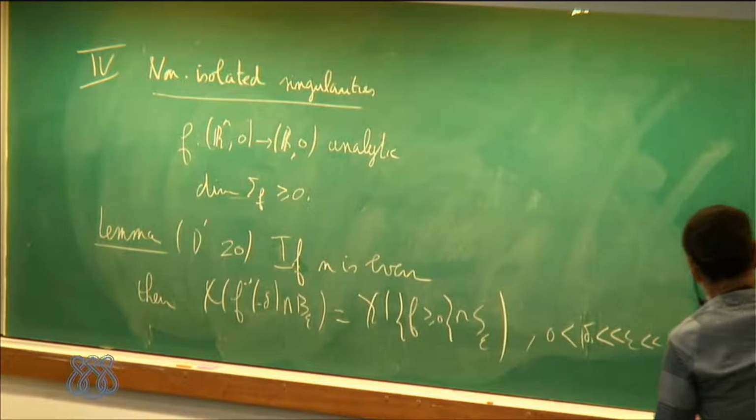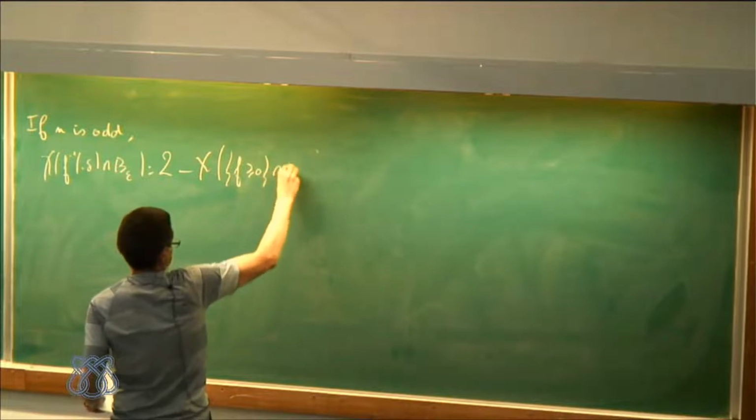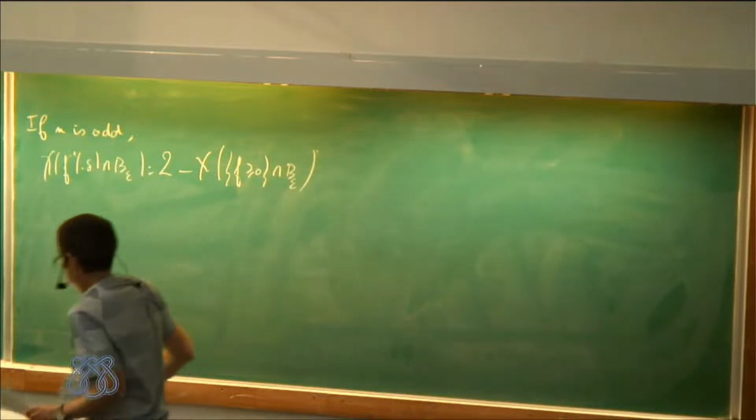Then we have that the Euler characteristic of the negative Milnor fiber of f is 2 minus these things. Okay. So I will prove this one, which is easy to prove, and this one is a bit more difficult, but the spirit of the proof is the same.